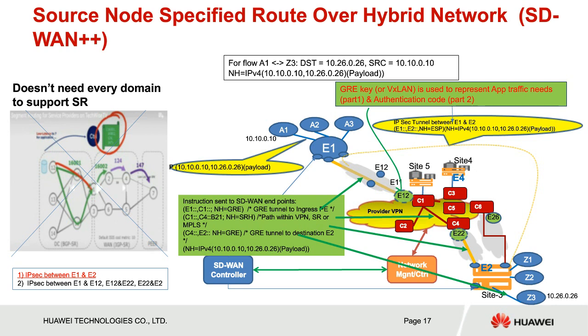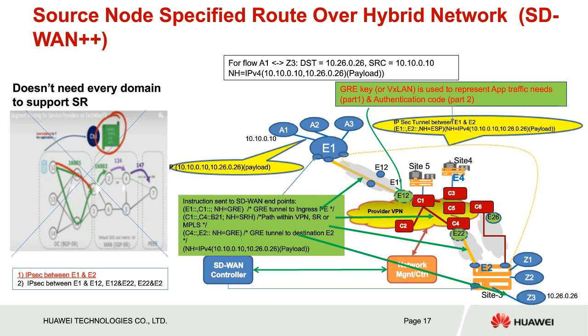So using the idea of segment routing allows E1 to encode some kind of metadata. If the provider network supports some kind of segment routing, the metadata can be converted to some kind of binding SID so that they can forward it accordingly within the provider network to the desired egress node to reach the destination.